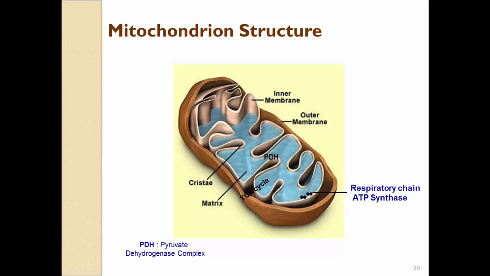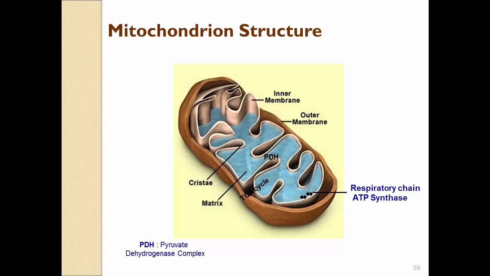You probably all know this, right? Mitochondria has a double membrane, inner membrane, outer membrane, and matrix. And the important thing that I want to point out is that all the TCA cycle enzymes are actually in the mitochondria. And the respiratory chain, or ATPase, are also localized in the inner mitochondrial membrane, right?